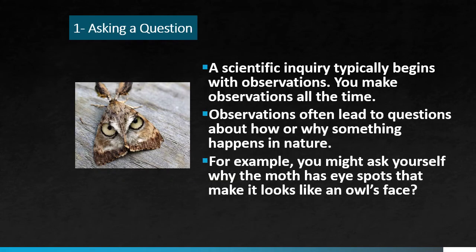The first step of the scientific inquiry or the scientific discovery is asking a question. Science begins with observations, and these observations often lead to questions about how or why the natural phenomenon happened.